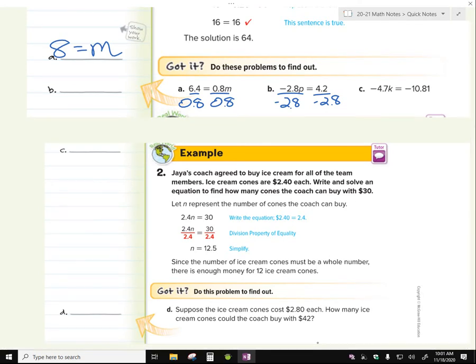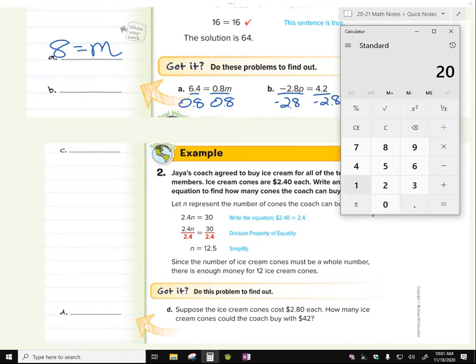We're doing 4.2 divided by 2.8, and that's negative 1.5. The negative symbol is going to be different on everybody's calculator. Sometimes it is like a plus/minus. For the TI-30s, it's that negative that's in parentheses on the bottom.